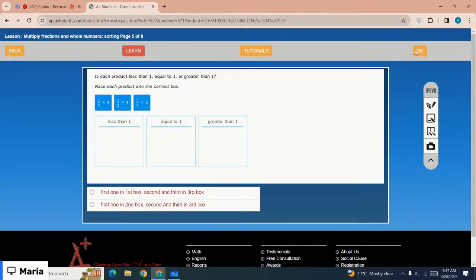Is each product less than 1, equal to 1, or greater than 1? Which is the correct option?